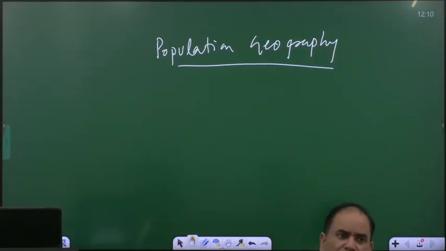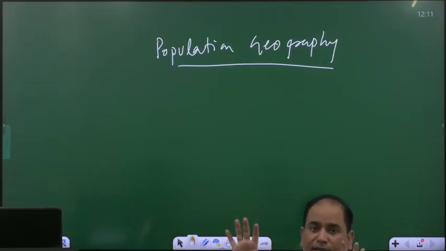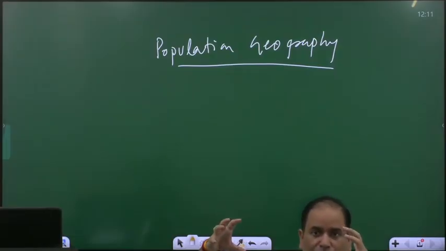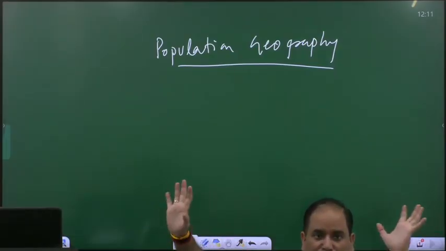Humans must have walked on this planet once it was favorable for living, and it is believed that humans must have appeared in the forest. So earlier the humans were in the forest, living in isolation or independently, not in groups.